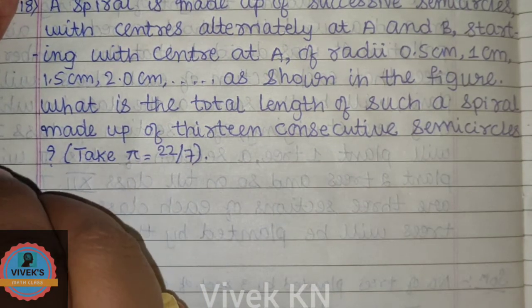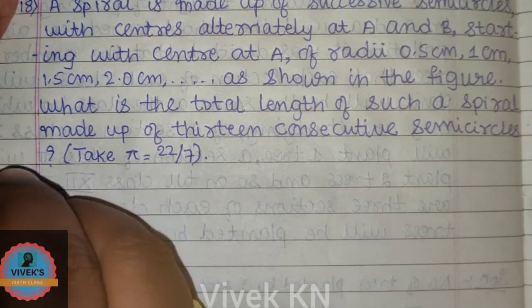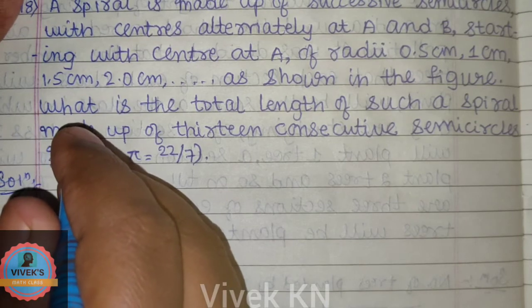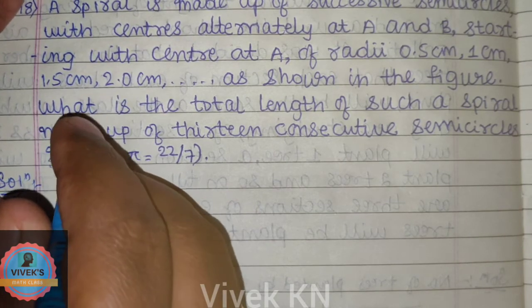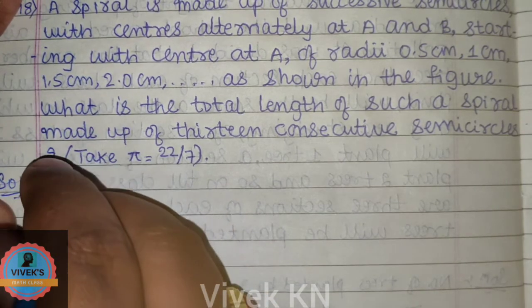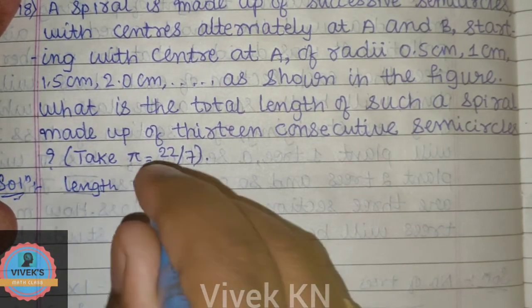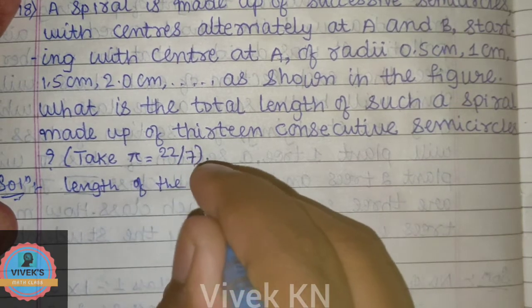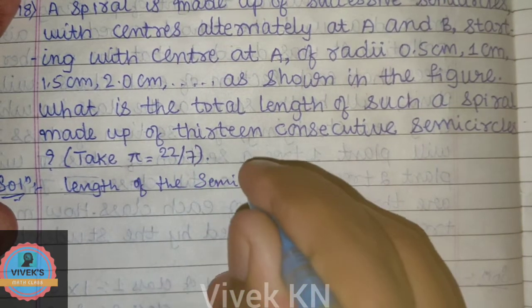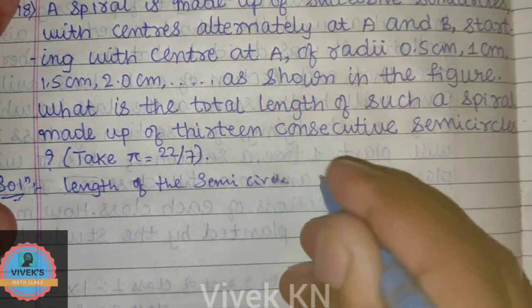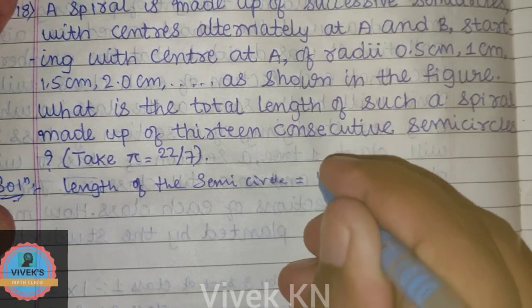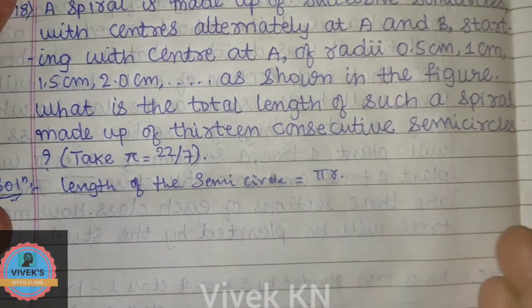Solution. First, let us write the formula for the length of the semicircle. Length of the semicircle is given by pi into r.